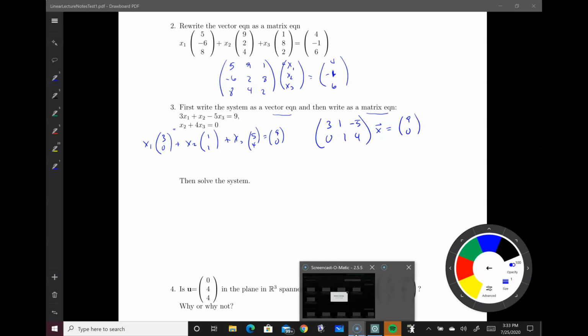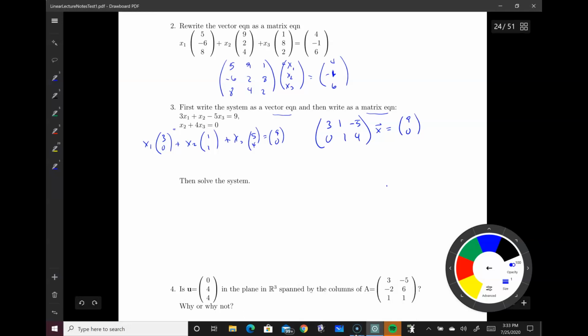All right, now let's go solve the system. So that means I'm going to make the augmented matrix out of this. So 3, 1, negative 5, 9, 0, 1, 4, 0. All right. So let's first, let's see. I'm going to leave the 3 here for a second, and I know this will be a pivot and this will be a pivot.